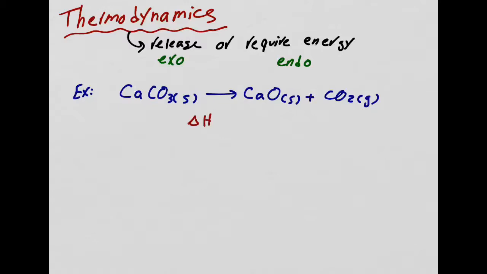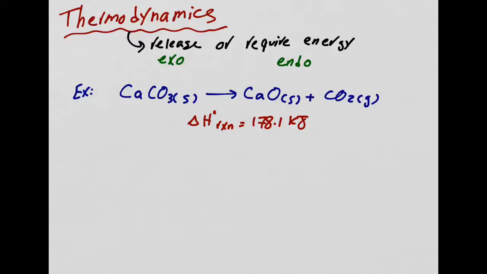Delta H of this reaction is 178.1 kilojoules. Okay. Now, what does this mean? I give you a delta H of a reaction that is positive 178.1 kilojoules.